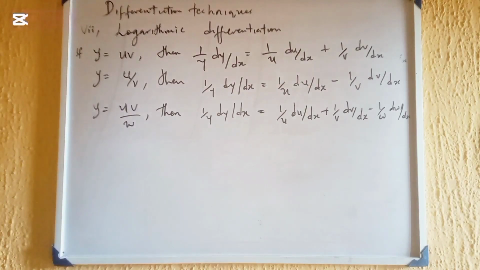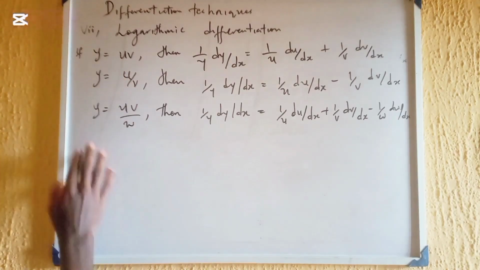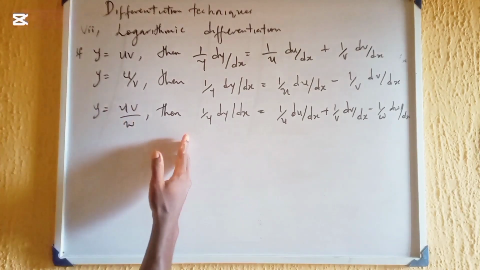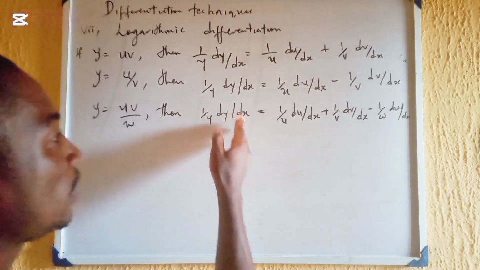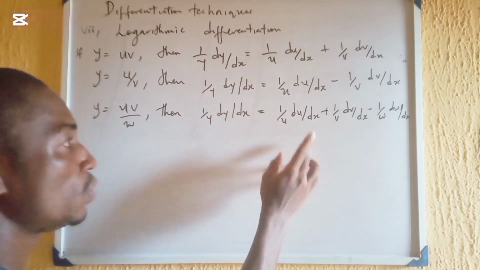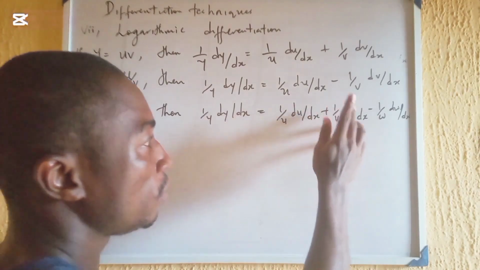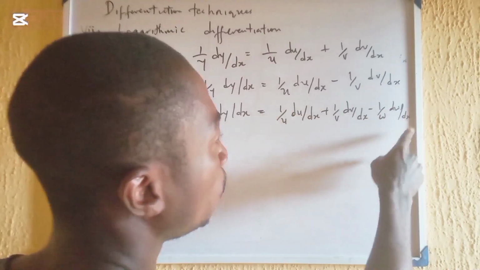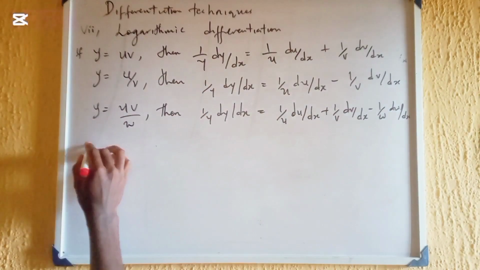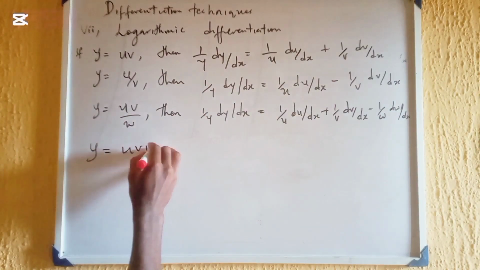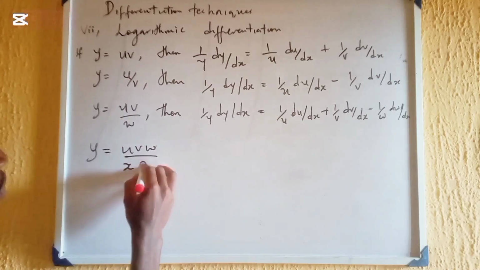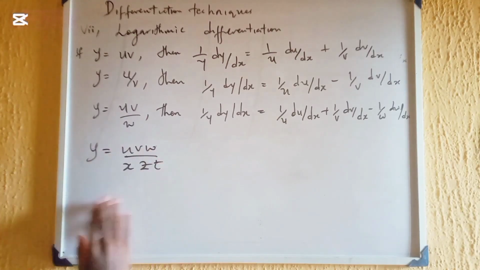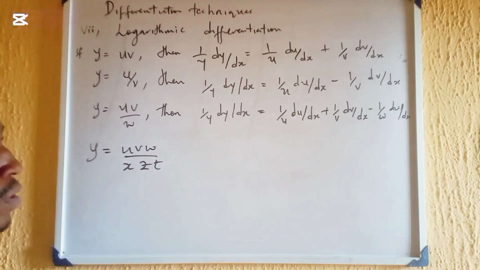So if we combine the two expressions, if y is equal to uv over w, then 1 over y dy/dx is equal to 1 over u du/dx plus 1 over v dv/dx minus 1 over w dw/dx. So even if we have y equal to uvw over xzt, just use plus for the numerators and use minus for the denominators.